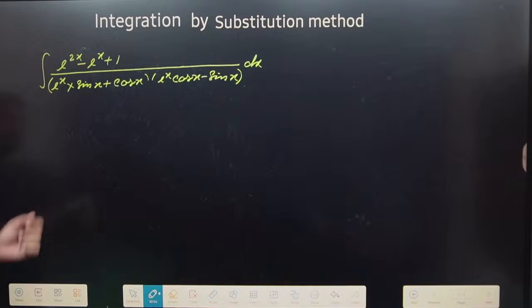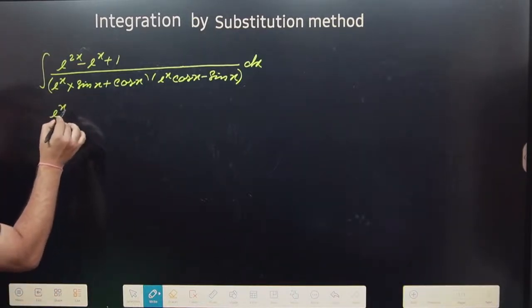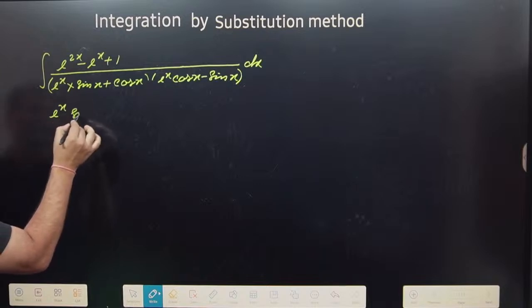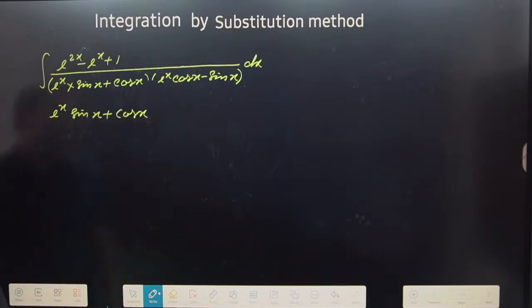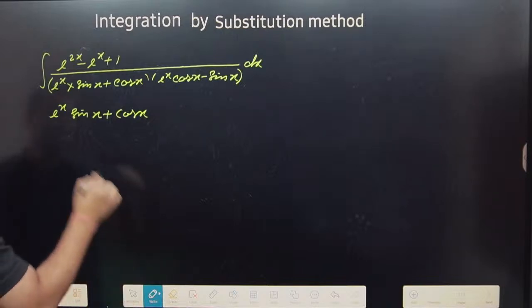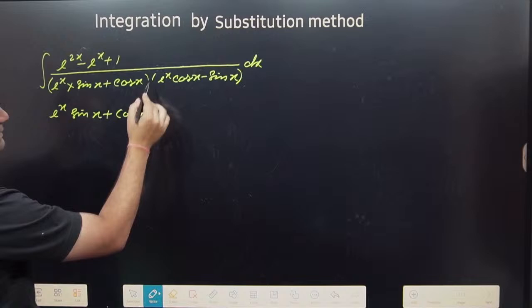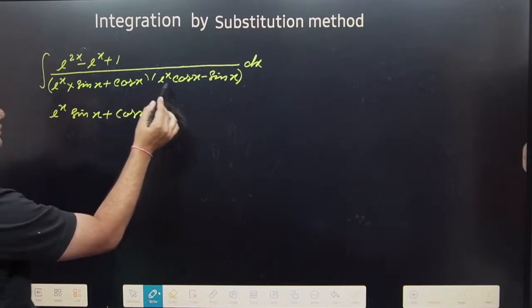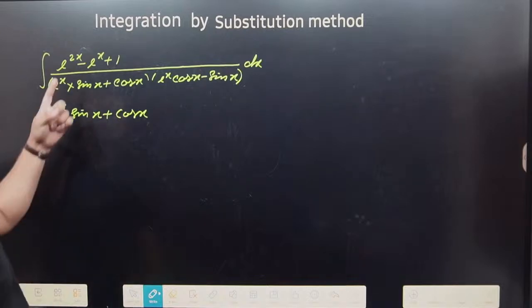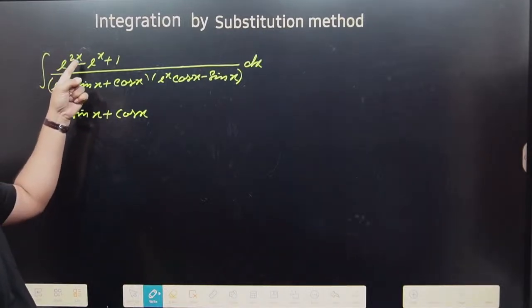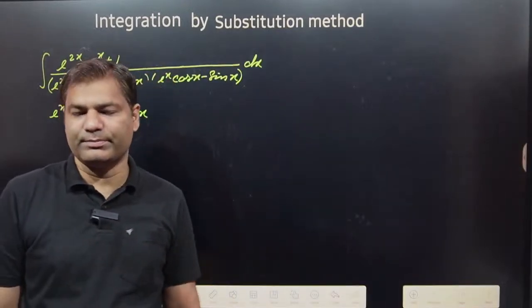Okay. Look, e to power x into sin x plus cos x, and that one e to power x into cos x minus sin x, and the numerator is e to power 2x minus e to power x plus 1. How can we solve this type of problem?